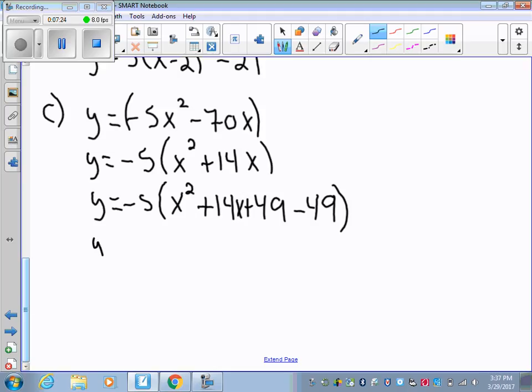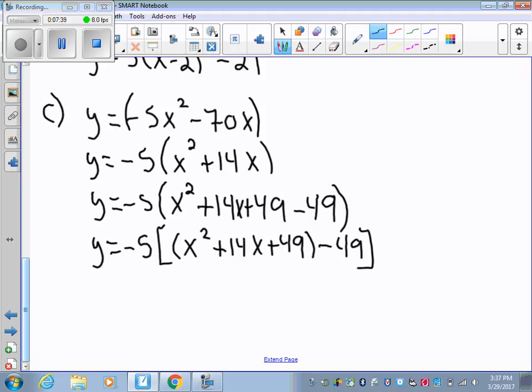Now, make a square bracket, group your perfect square trinomial. On the outside, you keep the -49. Close your square bracket. And now, we can go to our perfect square binomial from here. x plus 7 squared minus 49.